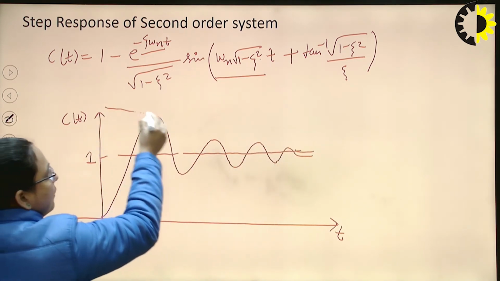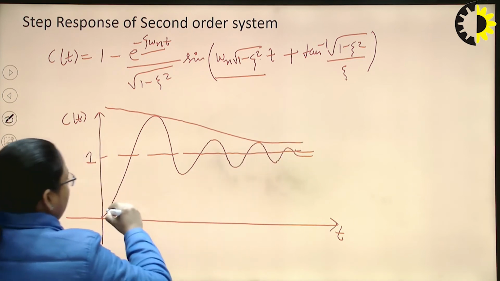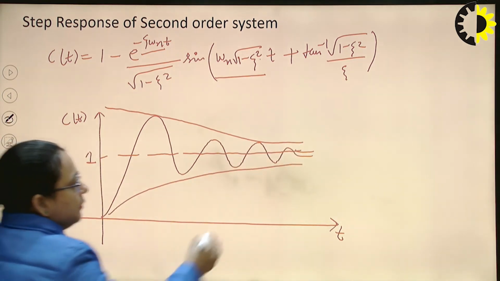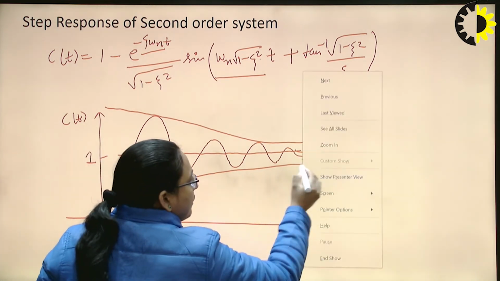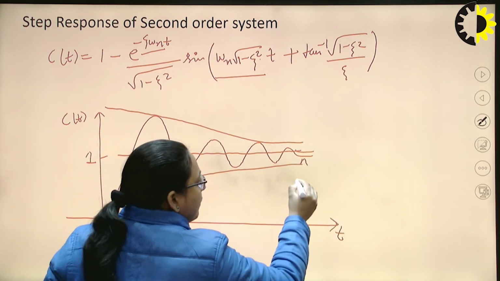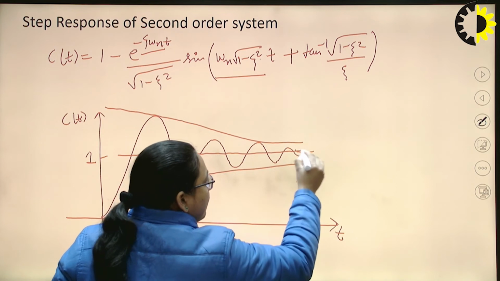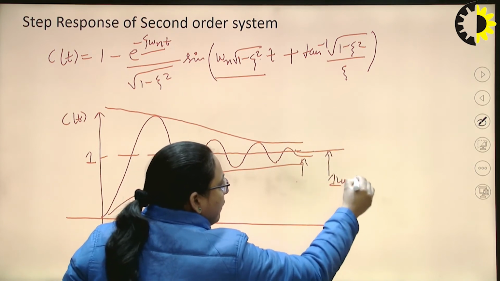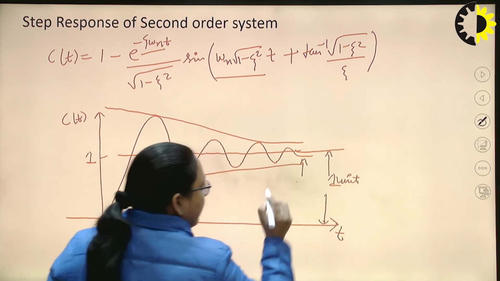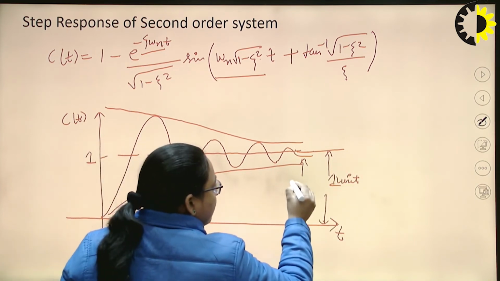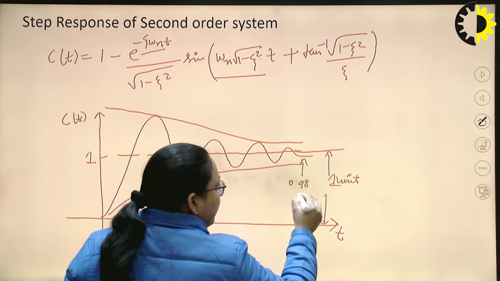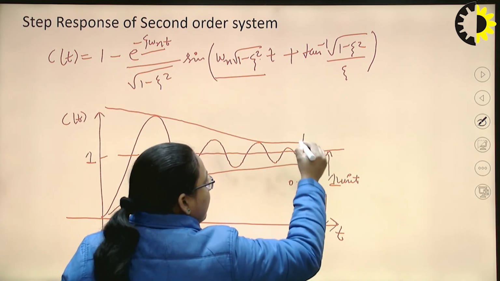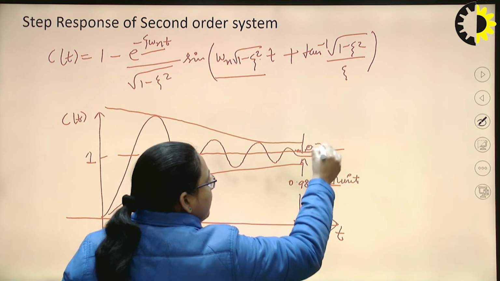This is the graph that we will receive, where this is 1 unit, okay, and this is 0.98, and the rest is 0.2.